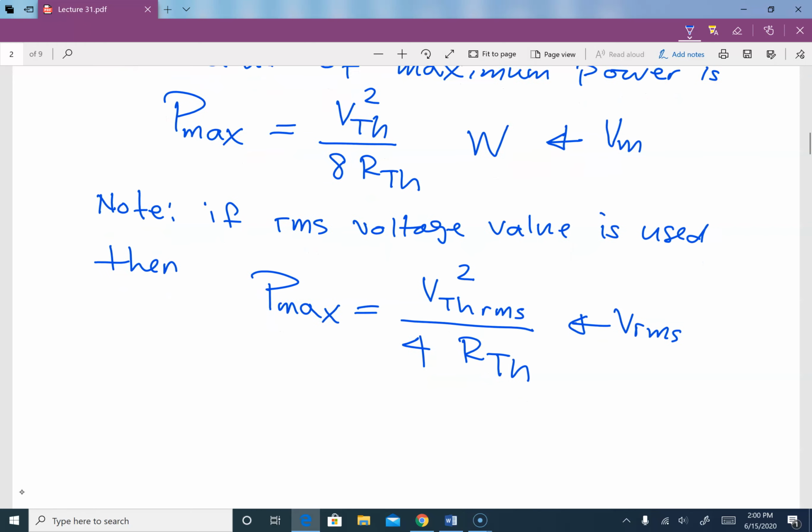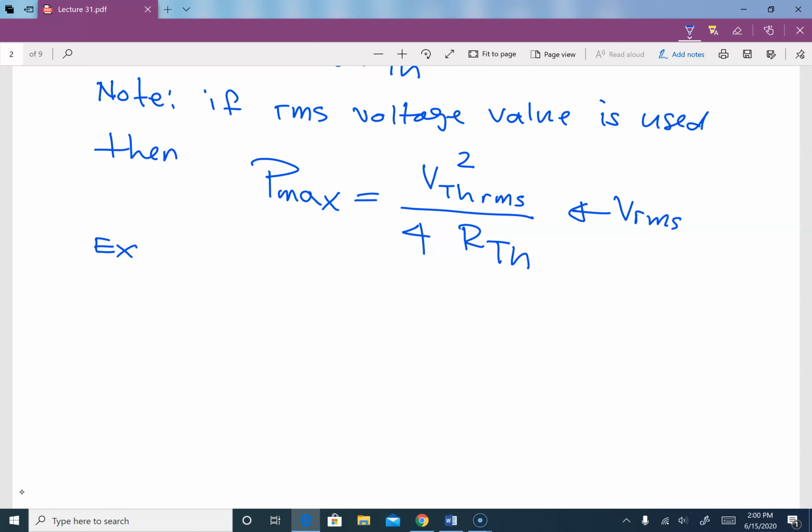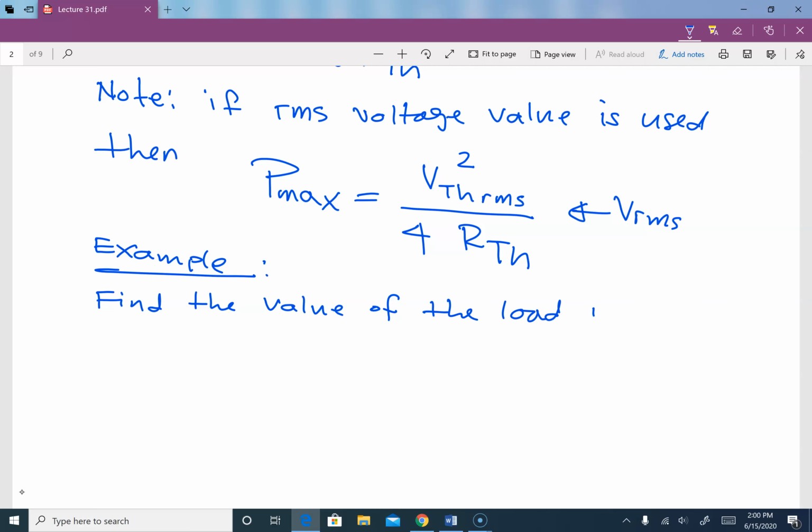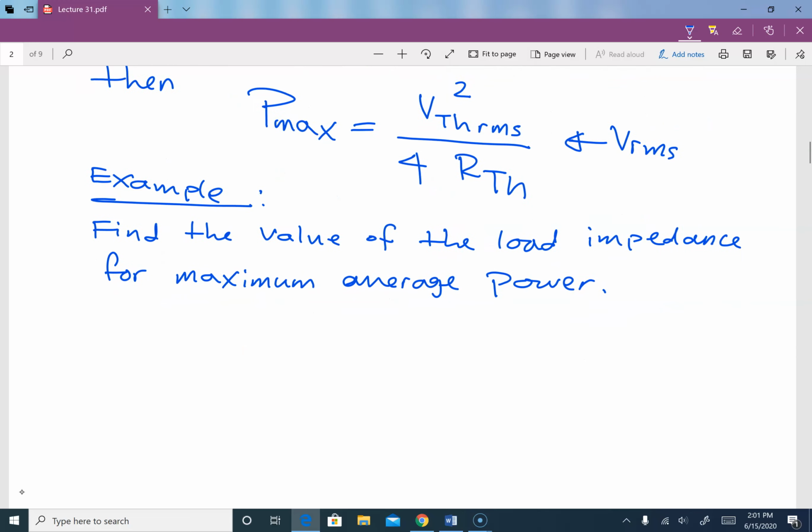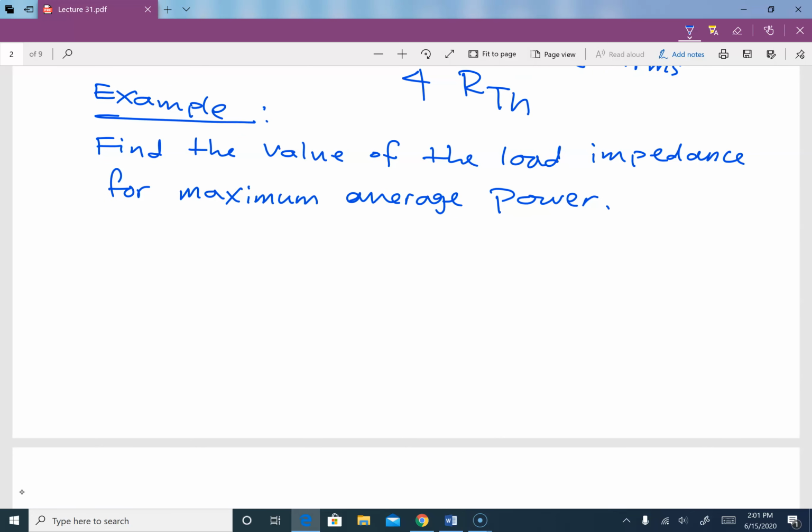So let's go over an example here. Find the value of the load impedance for maximum average power. And this is our circuit here.